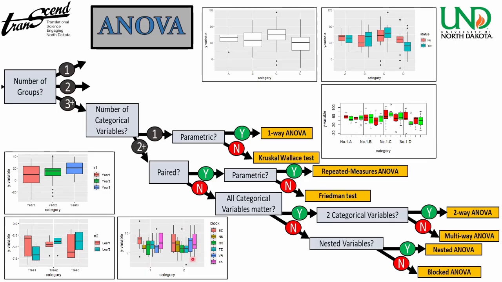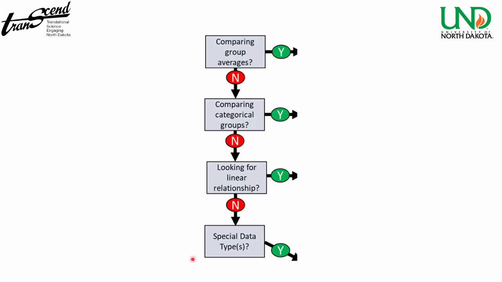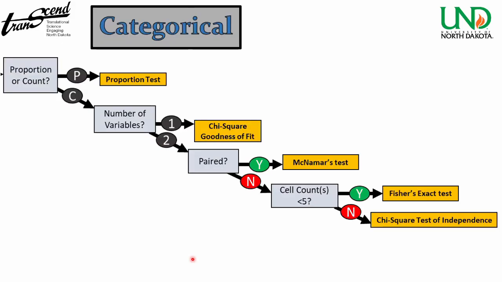All right, well that's ANOVA, that's the first part. So we can go back to our big four questions. If we say no to computing group averages and yes to computing categorical groups, we get into the categorical only branch. The first question from there you can ask is, is it a proportion or count?